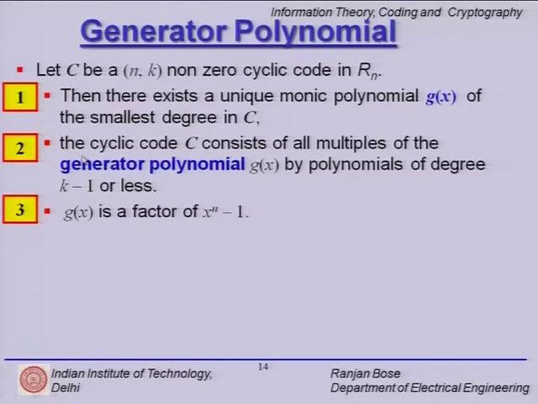Number 2, that a cyclic code C consists of all multiples of the generator polynomial g of x by polynomials of degree k minus 1 or less. So, if I multiply g of x with any arbitrary polynomial of degree k minus 1, then I get a valid code word polynomial. And finally, the most important one, g of x is a factor of x raised by n minus 1. So, let us look at 1, 2, 3 individually.